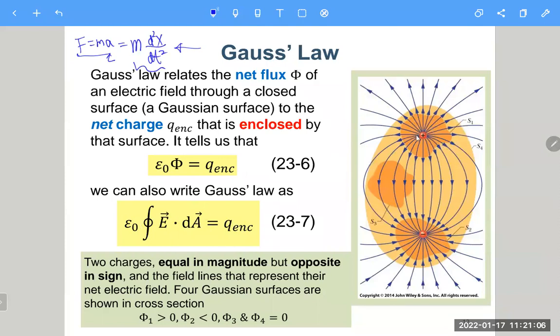As you can see here, we have two charges. This one is a positive charge. This one is a negative charge. So we have two charges in this region, and we can try to define the first Gaussian surface S1 to be this darker orange one. This one actually encloses the positive charge.